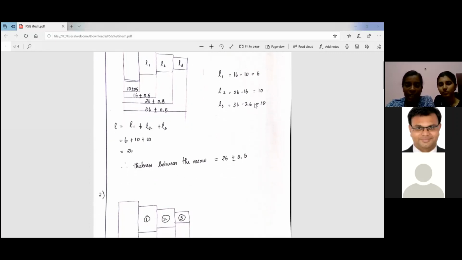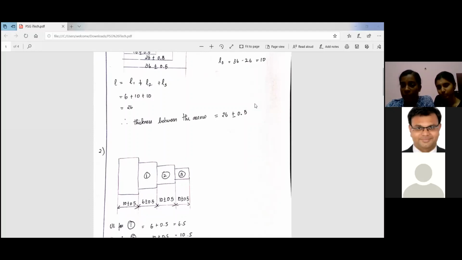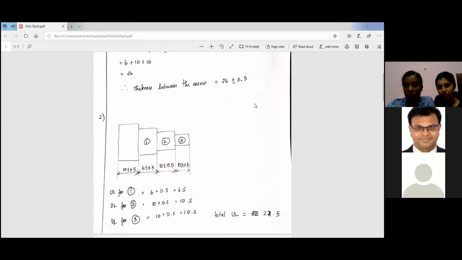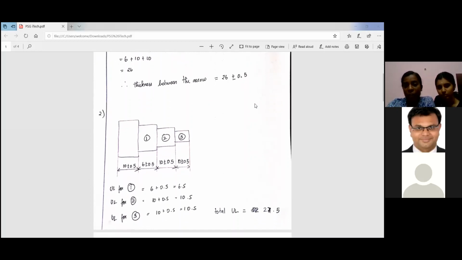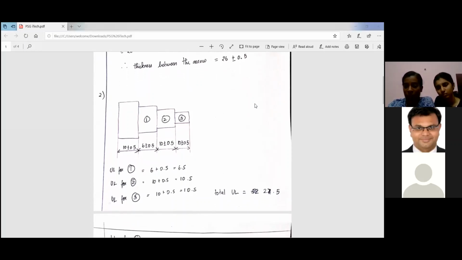Yes, sir. For the second sum, for solving tolerance stack-up analysis, there are two methods: the worst case method and the RMS method. We are more familiar with the worst case method, and we used that to solve this sum. According to the worst case method, first we need to find the upper limit for all the dimensions given and add them together.